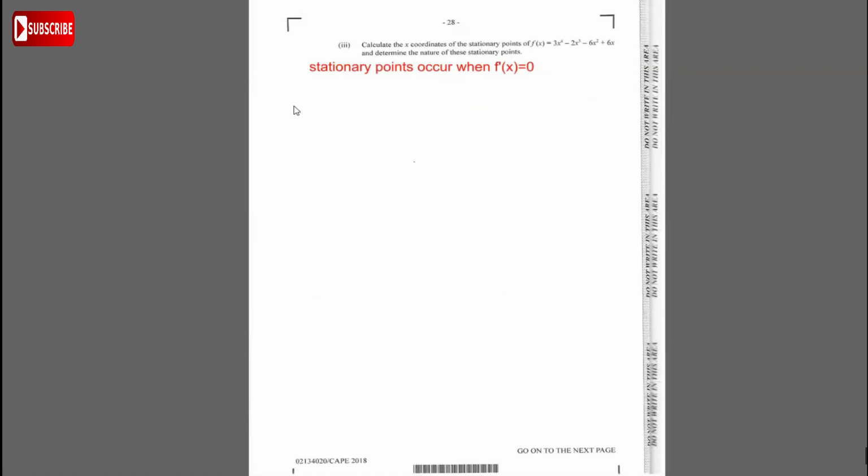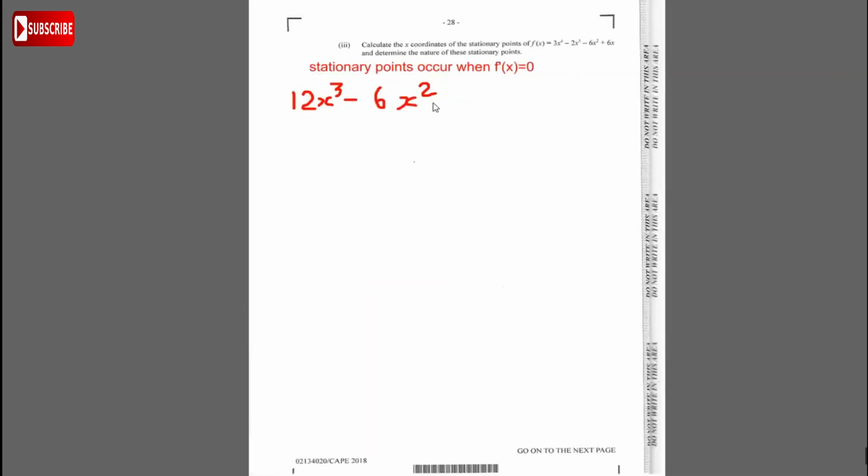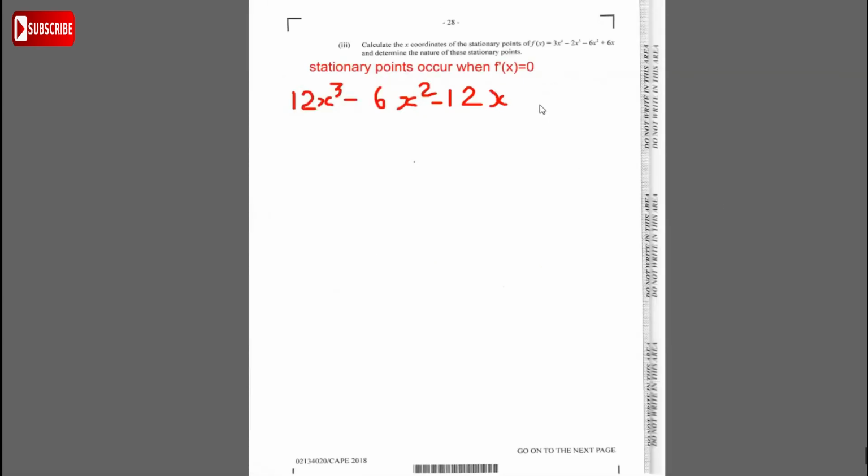So we're going to be solving 12x cubed minus 6x squared minus 12x plus 6, and we're solving that equals 0.